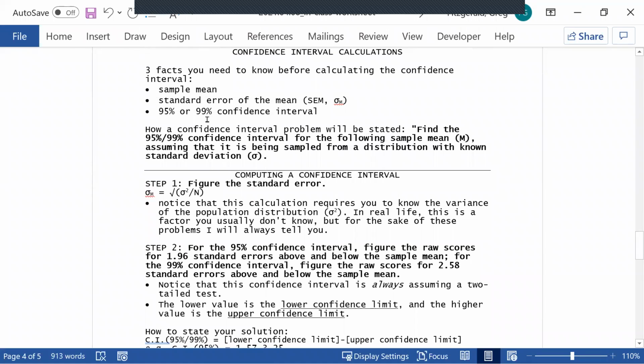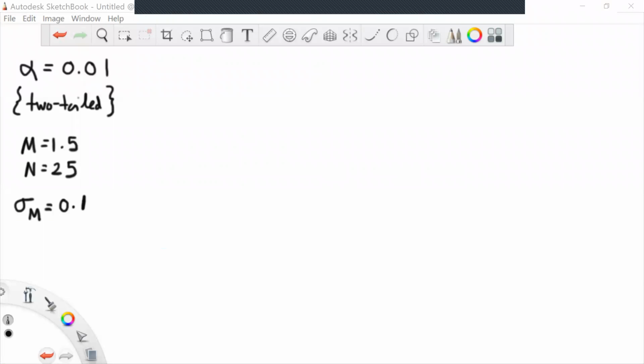So the 99% confidence interval is equivalent to a two-tailed test at the alpha of 0.01 level. So to go back to the problem, for a two-tailed test at the 0.01 level, we're going to have two critical z's.